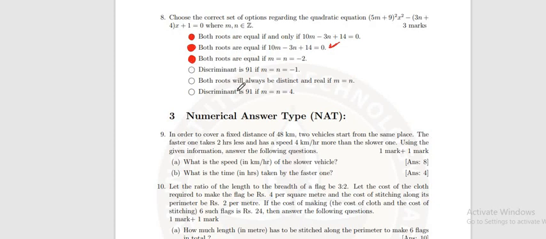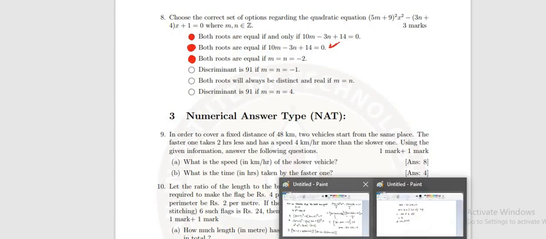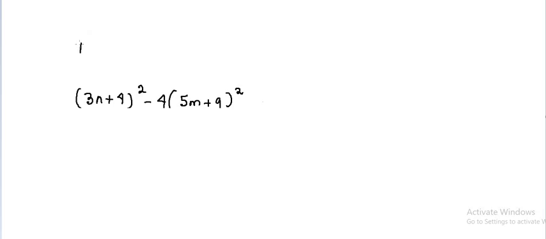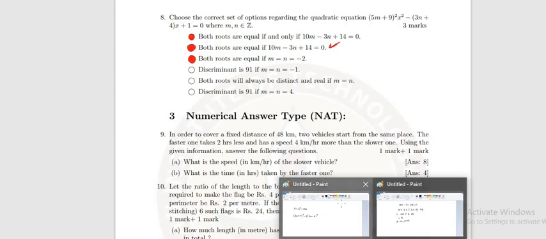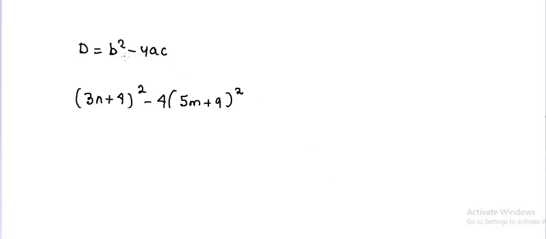Now let's see option D, discriminant is 91 if m is equal to n is equal to minus 1. Substitute the values in the discriminant, which is equal to b square minus 4ac.